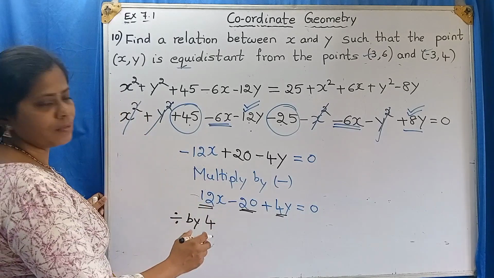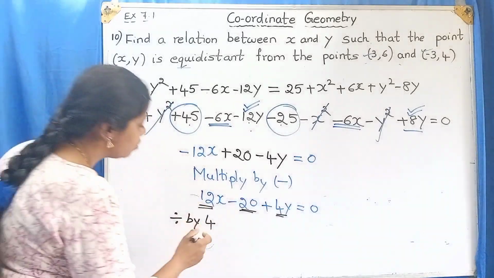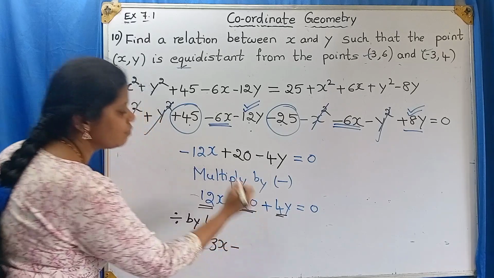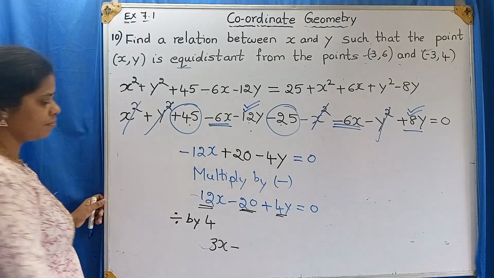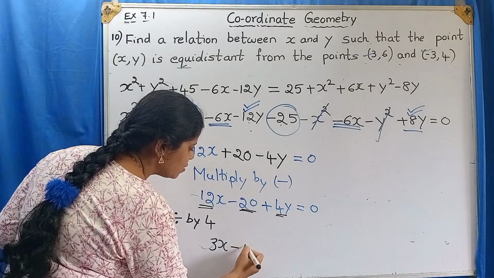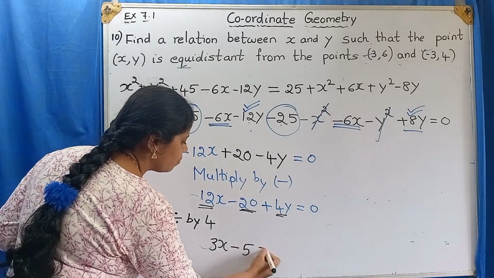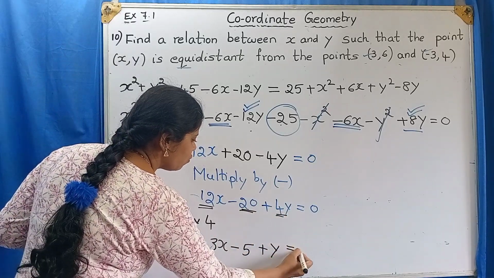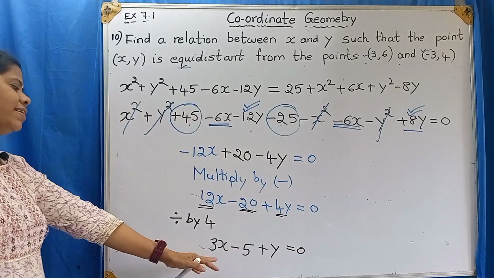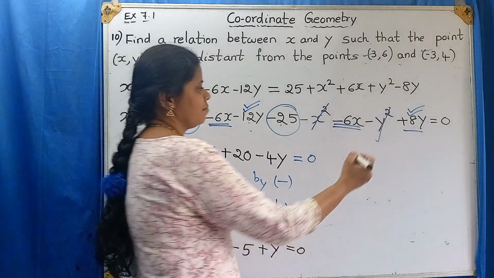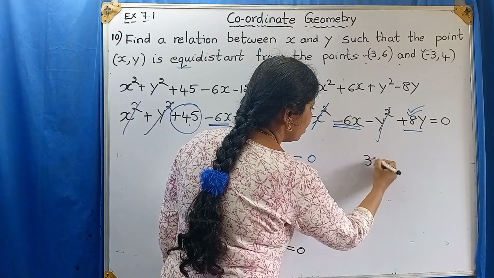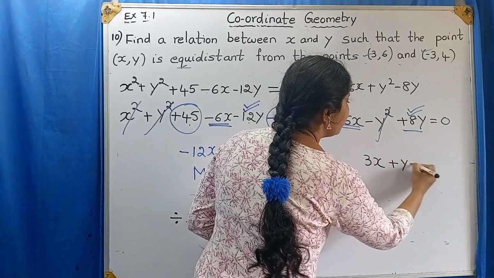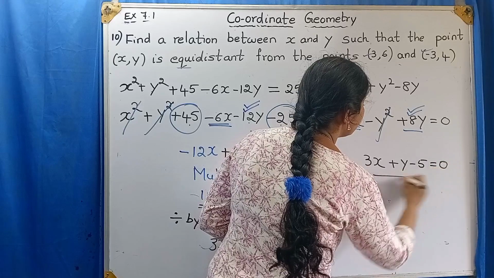Therefore, 12 by 4 is how much? 4 3s are 12. 3x minus 20 divided by 4 is how much? 5. 4 5s are 20. Then 4 divided by 4 is what? 1. That is y is equal to 0. So how can we write this equation? 3x plus y minus 5 is equal to 0.